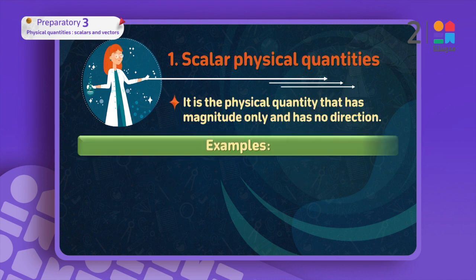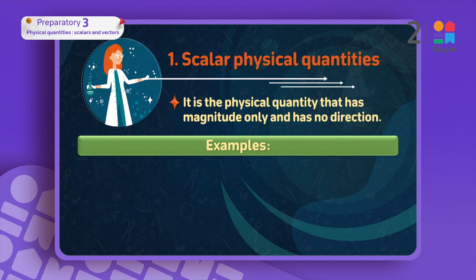What's meant by scalar physical quantities زي ما أنا قلت لكم هي ال physical quantity that has magnitude only and has no direction. يعني ايه كلمة magnitude؟ simply حاجتين number and unit. لو أنا قلت the length of the table is 100 centimeters, so 100 is the number, centimeters is the unit. يبقى أي حاجة أنا أقدر أقيسها بنمبر وأكتب جنبيها unit، الكلمة دي كده على بعض اسمها إيه؟ magnitude.